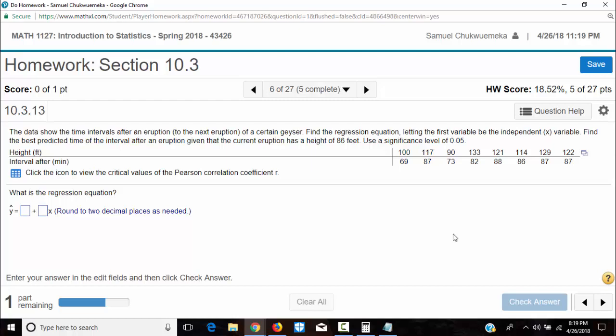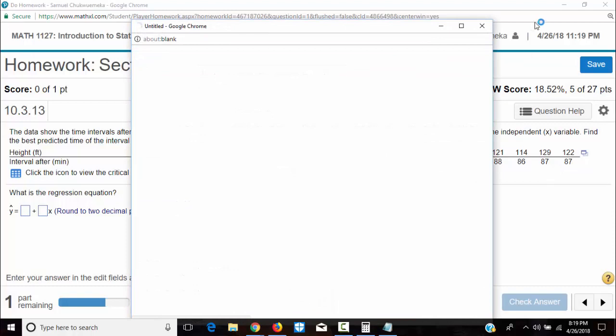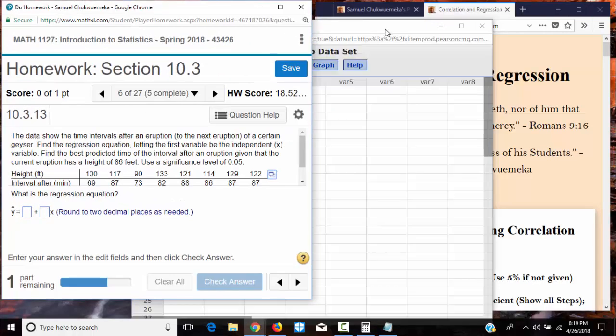Find the best predicted time of the interval after an eruption, given that the current eruption has a height of 86 feet. Use a 5% significance level. So we're going to use StatCrunch. I'm going to just click here, open in StatCrunch, and let's put this side by side.